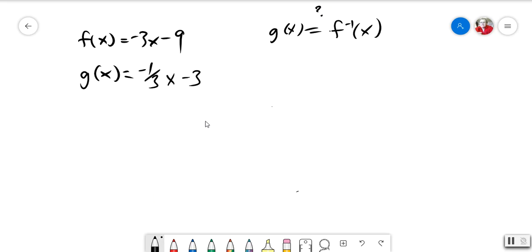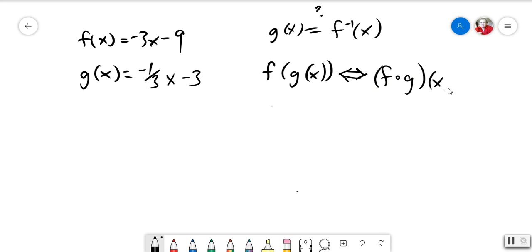In order to do that, I'm going to have to say f of g of x, which is exactly the same thing as f composed with g of x, which means substitute g into f.